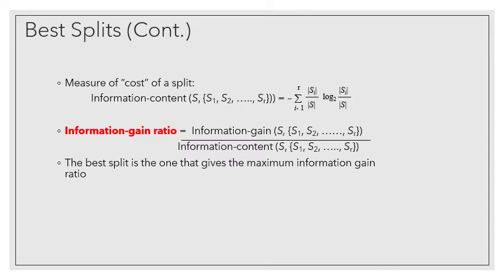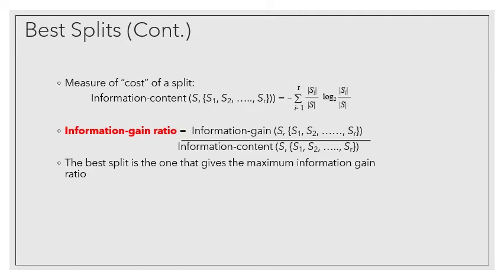The cost of a split is measured by the information content. The information content of S and the sets S1, S2, ..., Sr is defined as minus summation from i = 1 to r of |S_i| divided by |S| times log of |S_i| divided by |S| to the base 2.